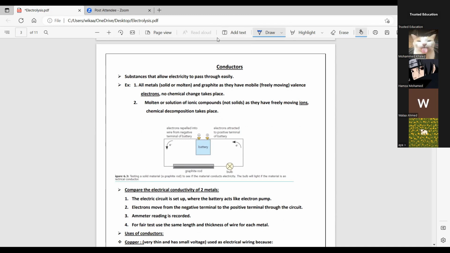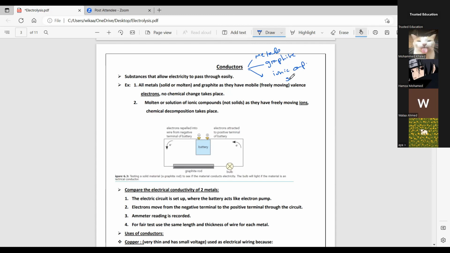Substances that allow electricity to pass through easily. Excellent. Substances that allow electricity to pass through them. Examples عندنا طبعا metals، عندنا graphite من non-metals، وكمان we have ionic compounds. But let's stop here. Any ionic compound can conduct electricity.